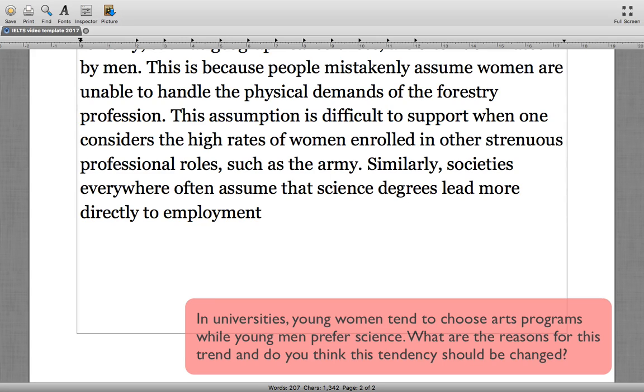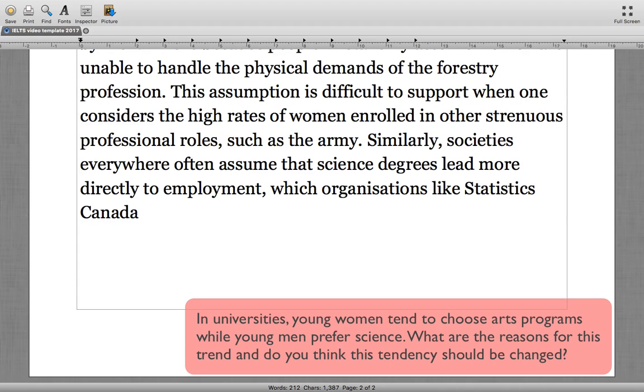And then let's just counter that right away. So which organizations, like, stick in here specifically, Statistics Canada, have proven, which organizations like Statistics Canada have proven is untrue. Again, I have no idea whether these trends are true for Canada.